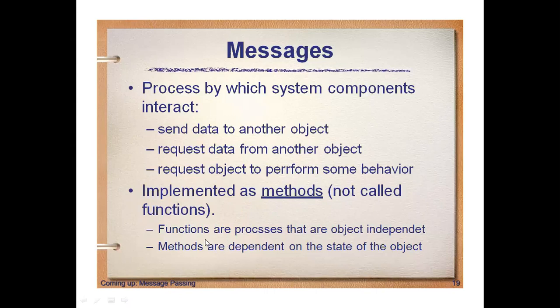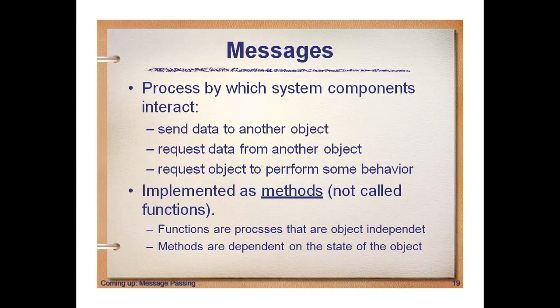So what is the difference between a function and a method? Please forgive my giving false information. Sometimes I call a method a function because basically they work the same, but they are entirely different in their processing. Functions are processes that are object independent. Functions do not require any object. In C programming, we have seen various kinds of functions which do not require an object through which they become instantiated.